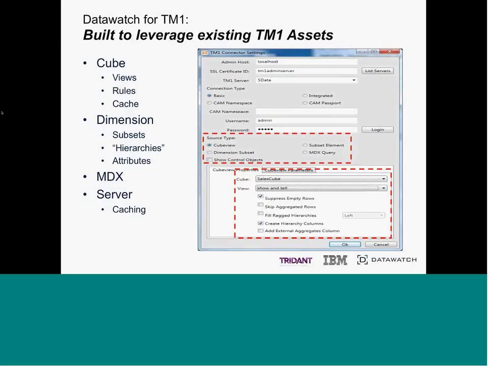Once you've connected to your cube views and your subsets, we continue to add value because we understand the nature of this OLAP model, through easy suppression of null rows and giving you approaches for dealing with ranked hierarchies, which is a bit complex in the discovery world.